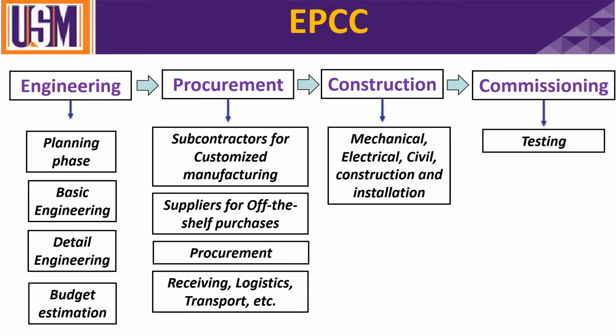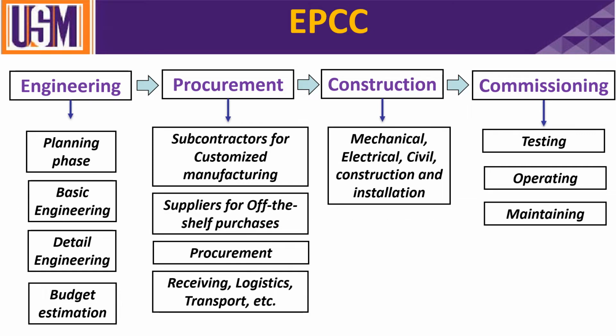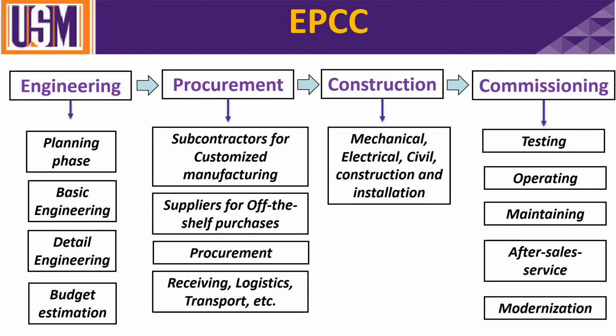So in general, we'll give you the general terminology. It starts with the testing, then operating the system, then maintaining the system. Then you'll have after-sales services, where you provide services for the customer after sales. Then you'll have the modernization, where you improve the product.